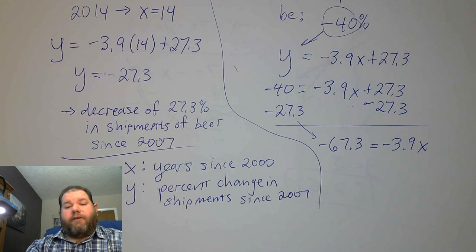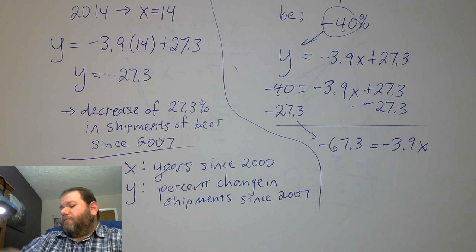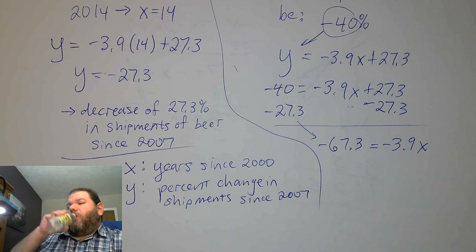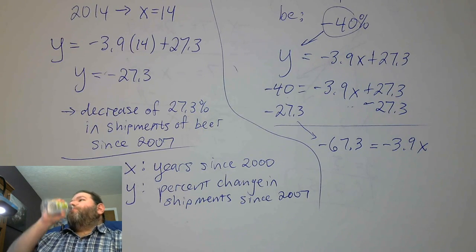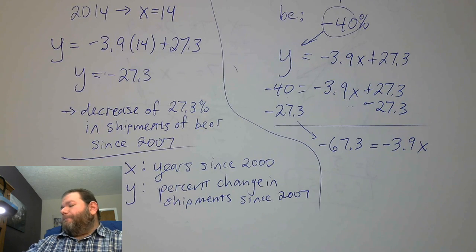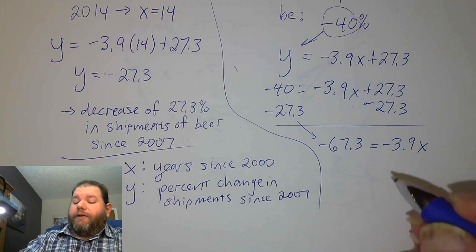What should be our last step here to get x by itself? Yeah, we'll want to divide specifically by negative 3.9.